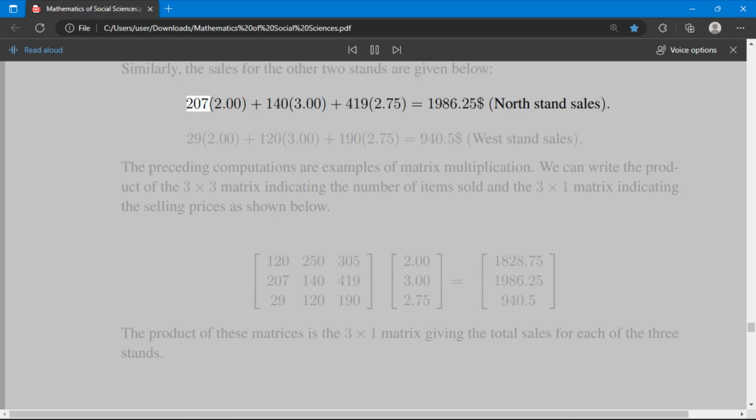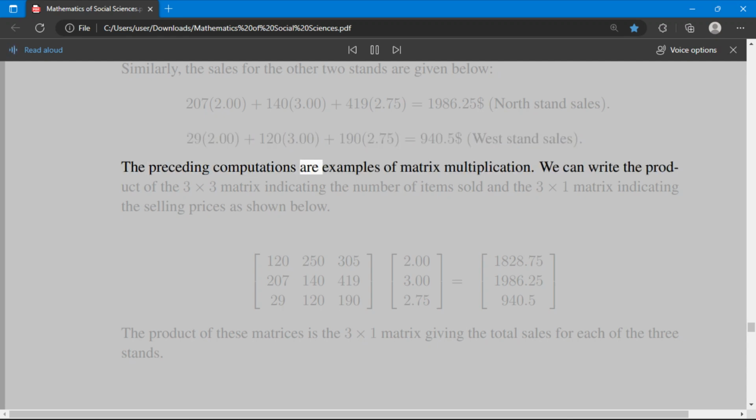Similarly, the sales for the other 2 stands are given below. 207 times 2.00, plus 140 times 3.00, plus 419 times 2.75, equals $1,986.25, north stand sales. 29 times 2.00, plus 120 times 3.00, plus 190 times 2.75, equals $940.50, west stand sales.